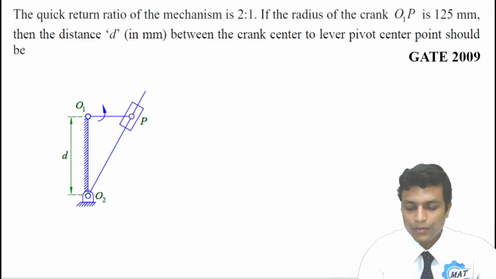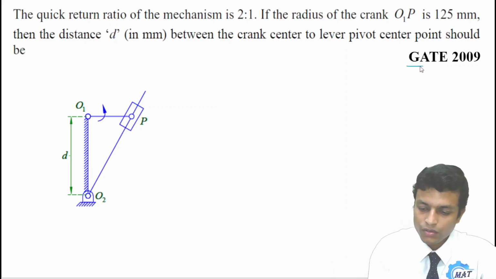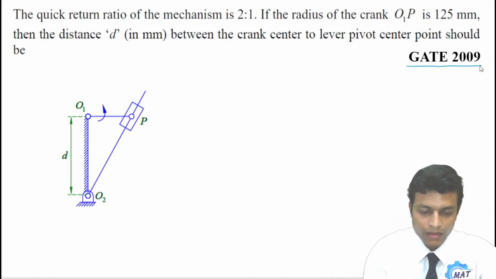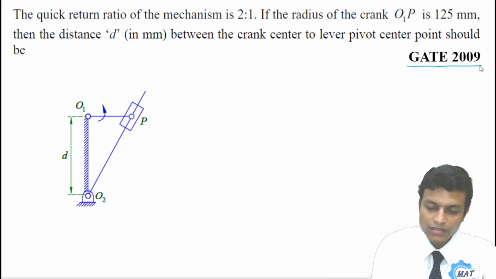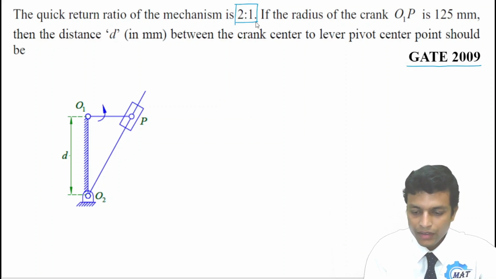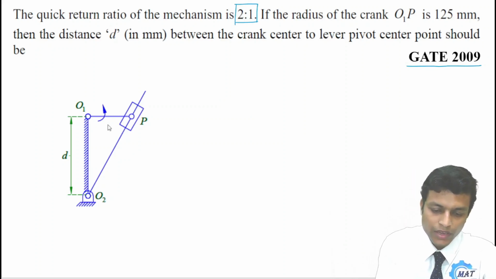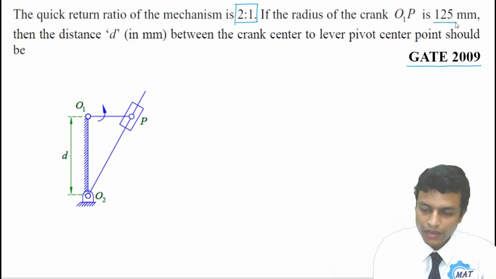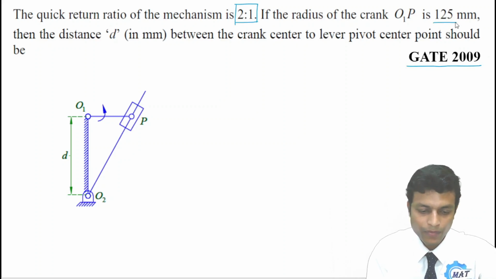Let us solve the problem which has been asked in GATE 2009. The quick return ratio of the mechanism is 2:1, that is, quick return ratio is 2. The radius of the crank O1P is given as 125 mm.